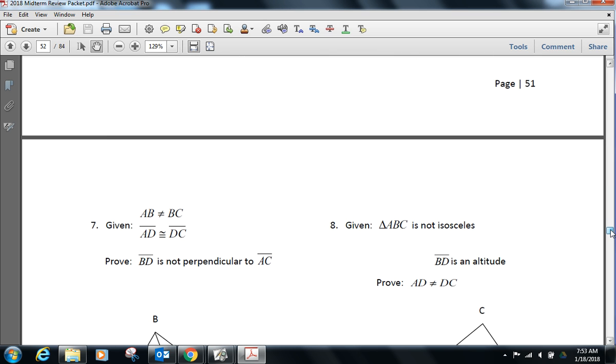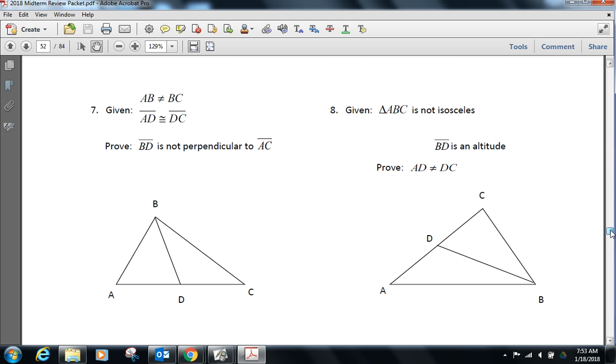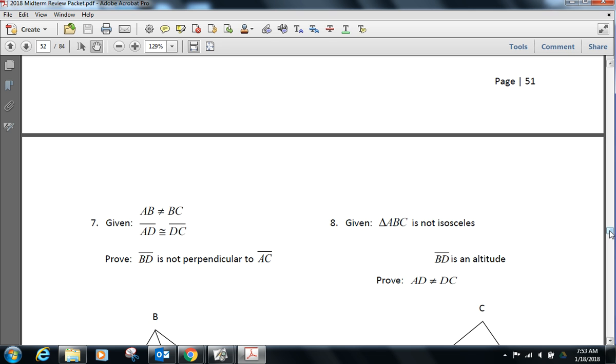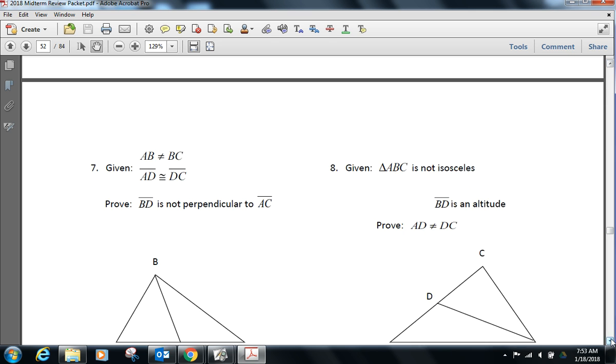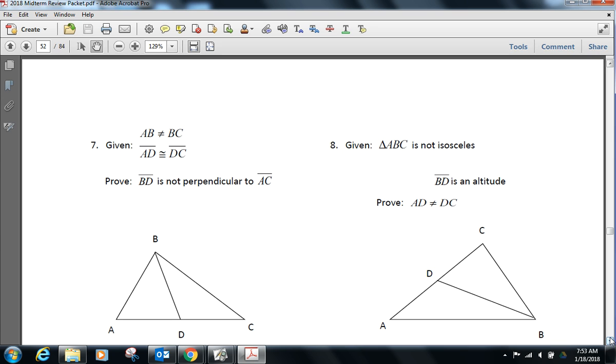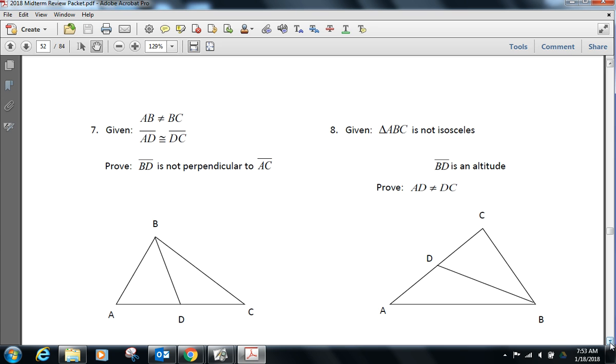Page 52, number 7. I don't know, this was part of the givens. I don't know if you guys noticed that, if you tried it out or not.